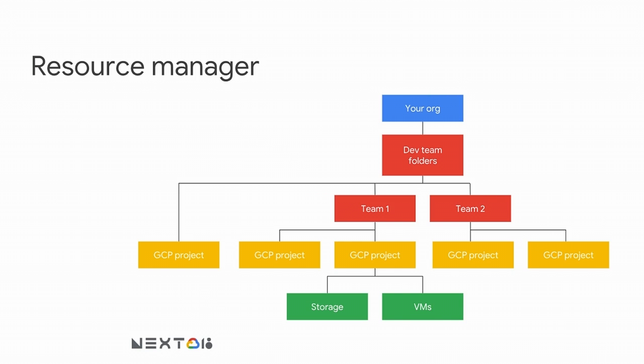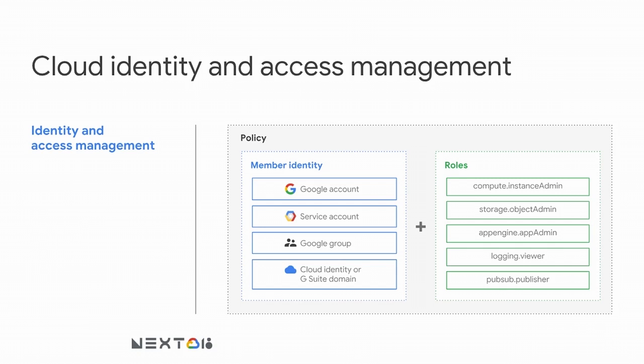It's a hierarchical organization, so you can map your teams, or how your applications are configured, to your GCP. In the context of this talk, it provides hierarchical attachment points for permissions and organization policies.